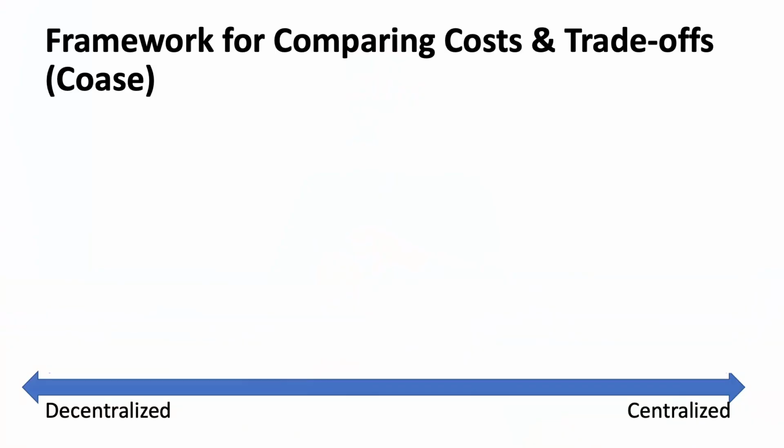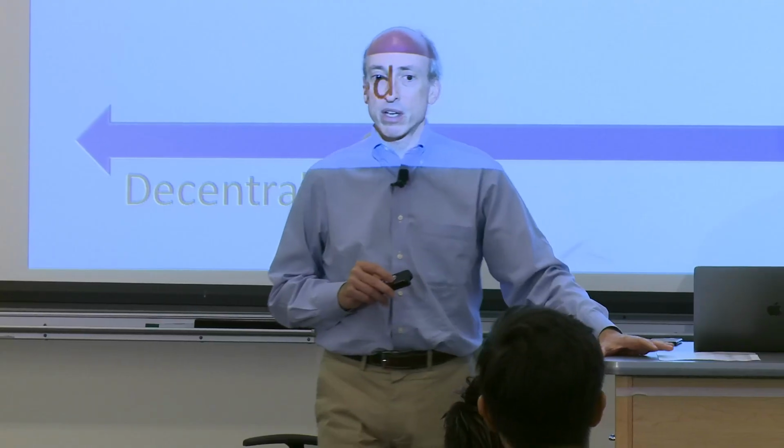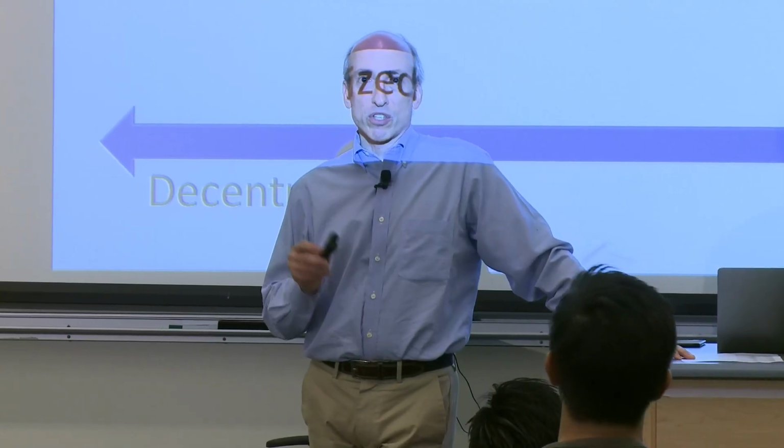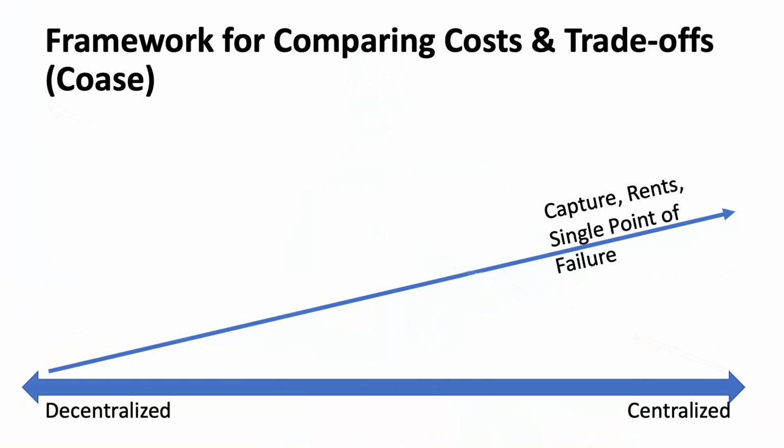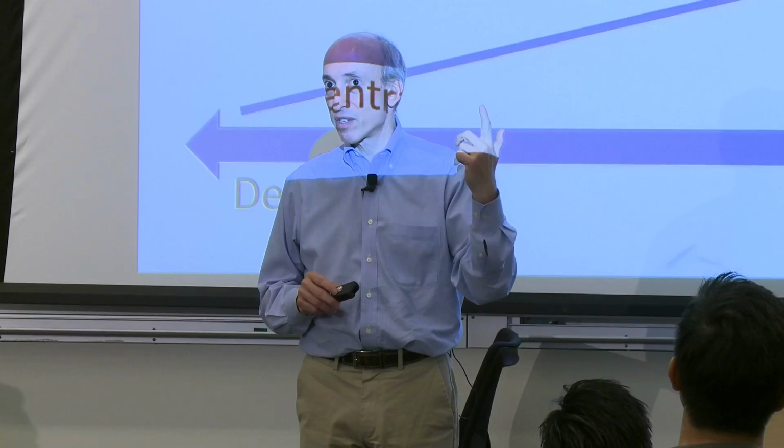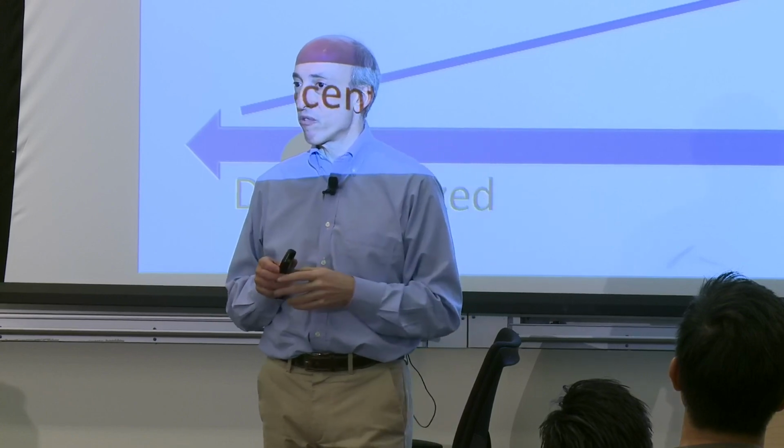So centralization versus decentralization 80 years ago, studied by a great economist. Just thinking about it here a little bit, I think that when you go from decentralization to centralization, on the centralized side you get capture, you get economic rents, and you do have a single point of failure.